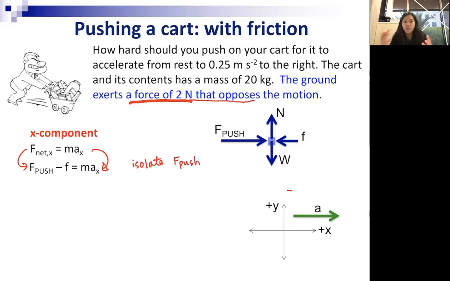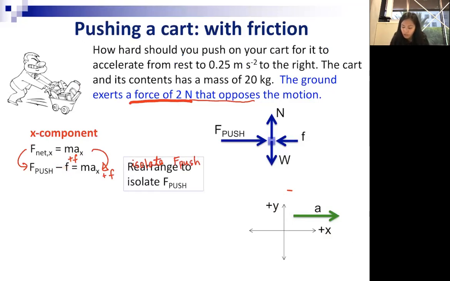You can use the method we learned about building up the equation and then tearing it down. Or if it's just a minus sign here, do the reverse operation to cancel it out. The reverse of minus is plus. So if I add F friction on the left side, I also add F friction on the right side. And adding plus F to minus F cancels out the friction force on the left side.